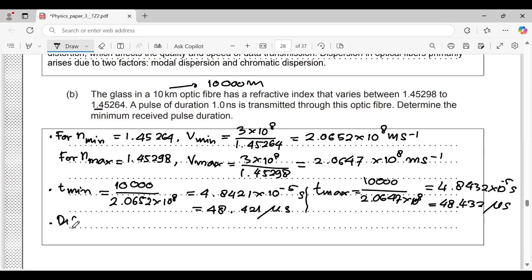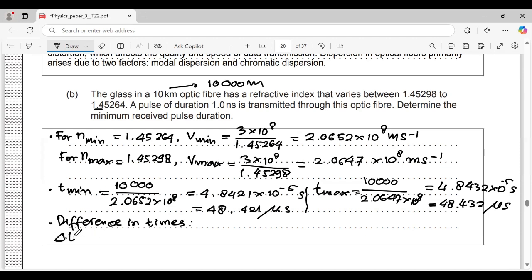The difference in travel times. It means the maximum minus the minimum.